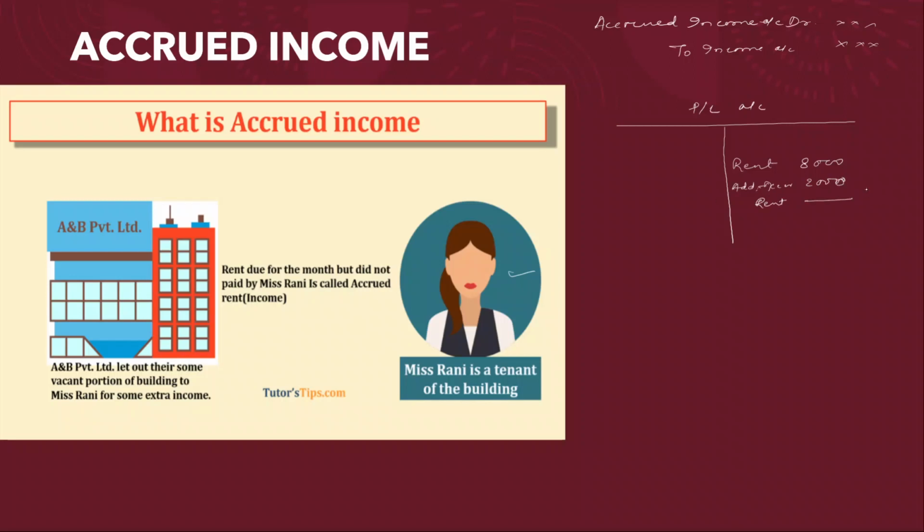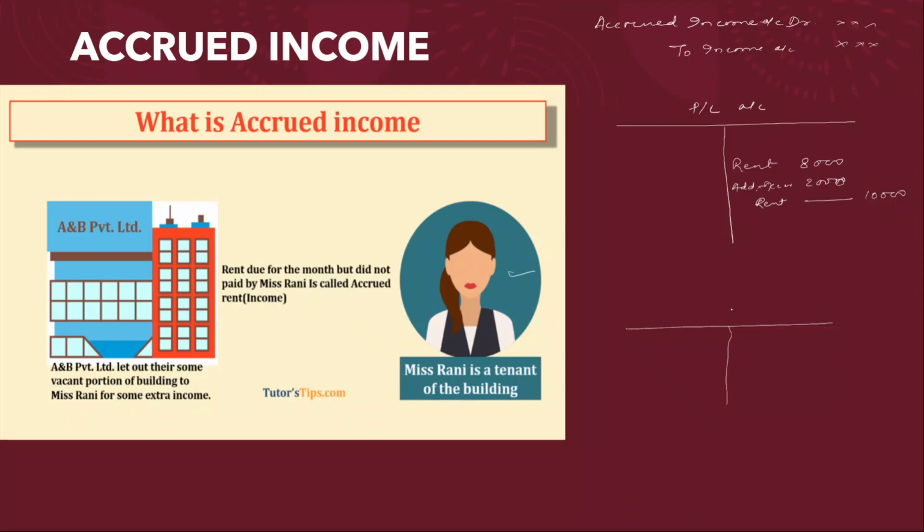So the actual rent you will show in the PL account as 10,000, and this accrued rent will be shown on your asset side, because this is the income which you didn't receive but you will receive later. This is not an expense for you but you haven't received it either.